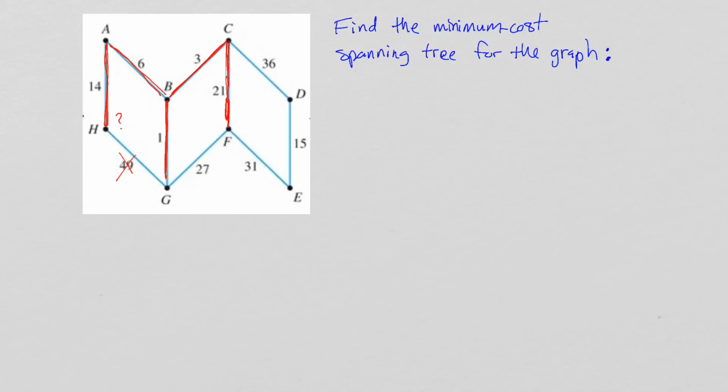We need to choose between 31 and 36, and we're going to choose the 31. And now 15 is a really small number in this area. So that's basically our tree. If you wanted to see it separate, it looks like this. And then how would you add this all up?